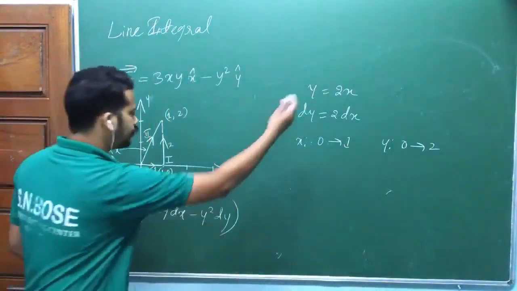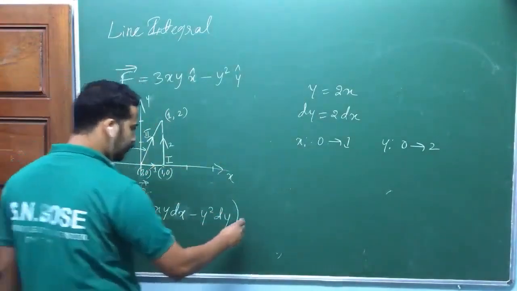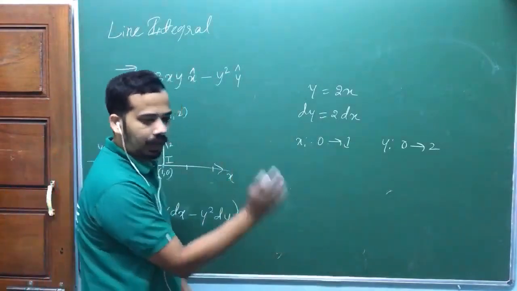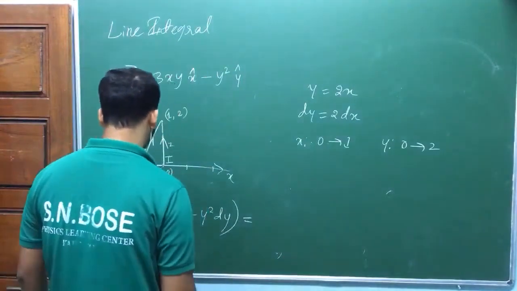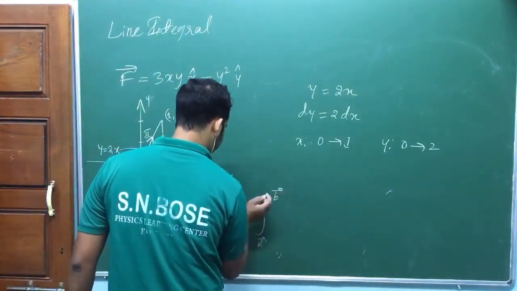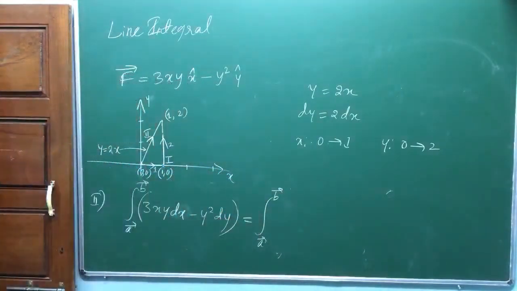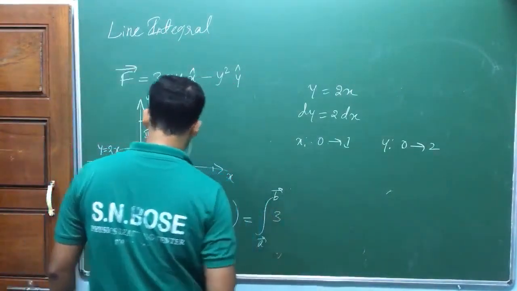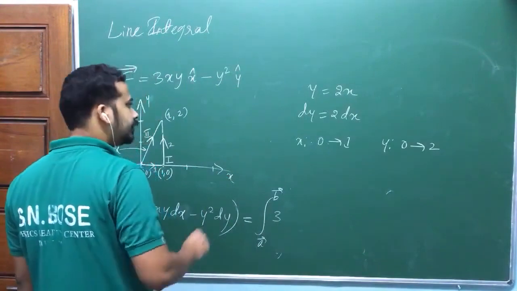Now just use this one to convert two variable integral into single variable integral. How do you do that one? You can convert that one into x variable or y variable. That's your choice. Let me convert everything into x variable.